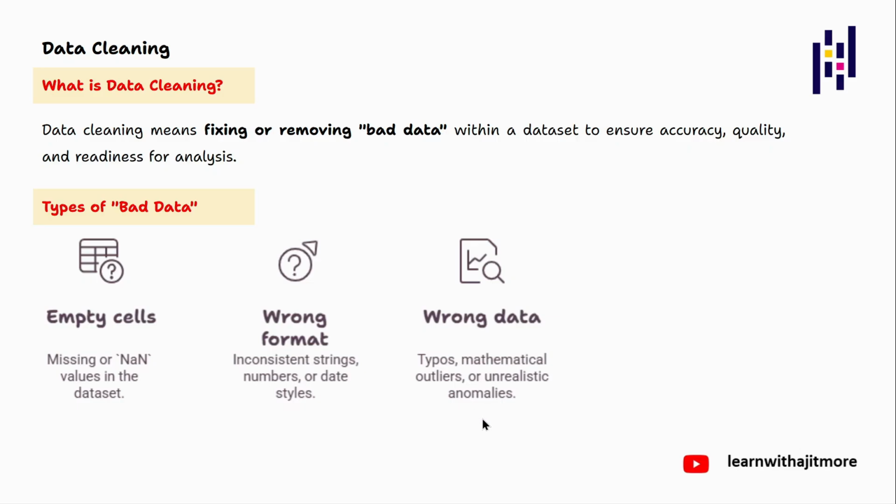Anomalies means something wrong is happening. Unrealistic means how can it happen? Everywhere you're taking 50 minutes, 60, 45, and somewhere directly 450 minutes is wrong. You're entering data which cannot be that data.